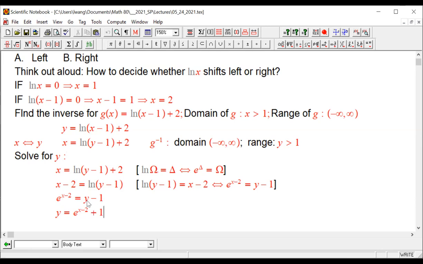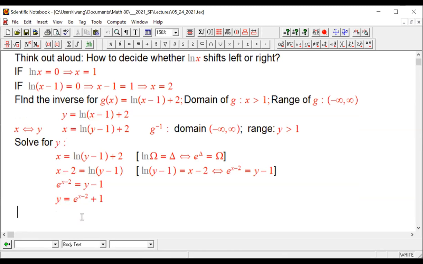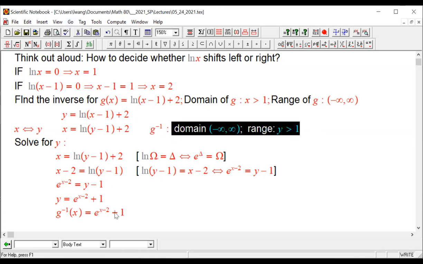Y is completely isolated, and the inverse of g is found. Yay. We got it. And the domain and range? We have it right there.